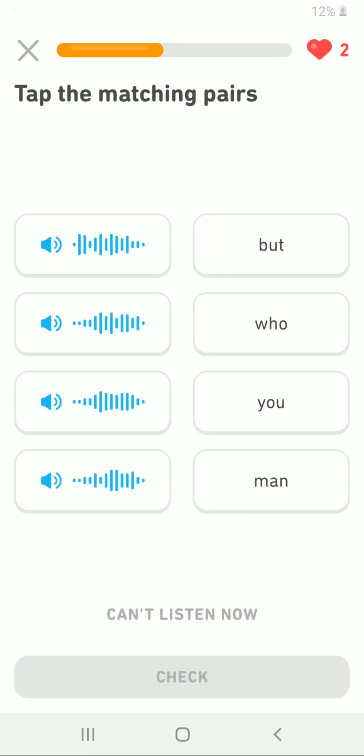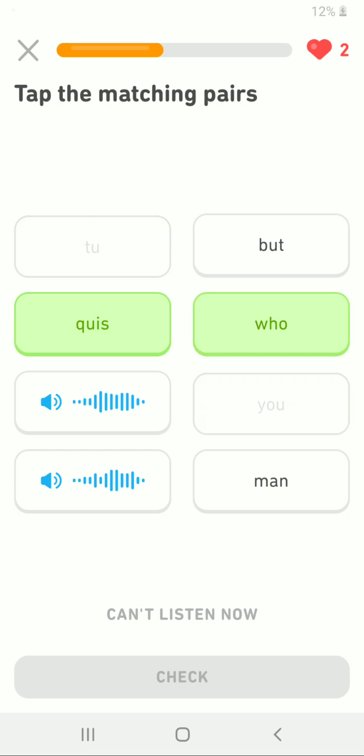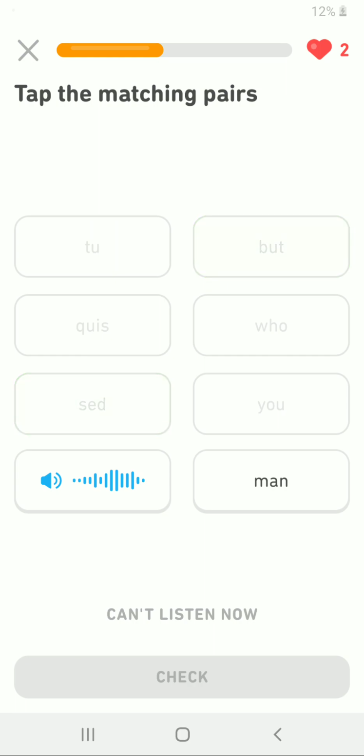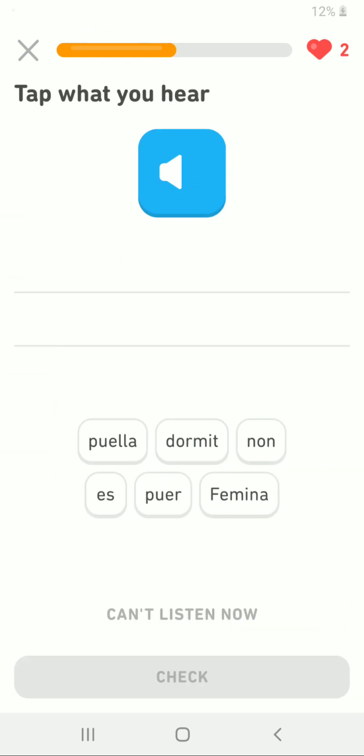So we are learning slowly. Tu, it's you, of course. Quis, it's who. Sed, it's but. I remember it from the first lesson. And vir, it's man.